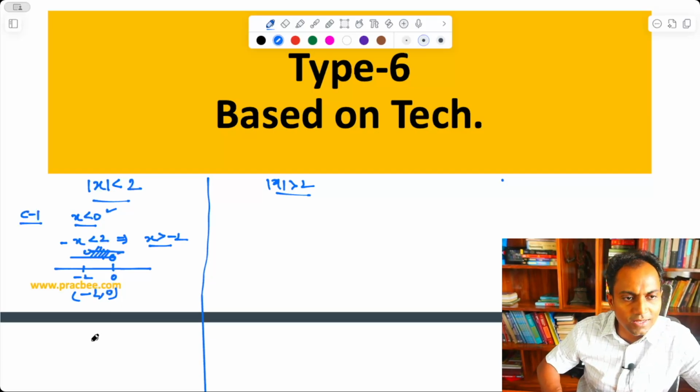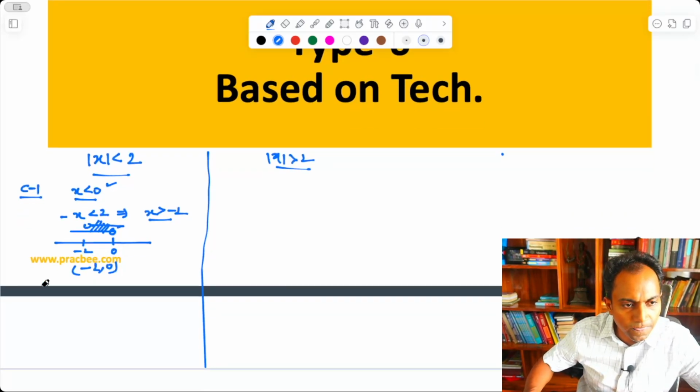If I consider another case, that is case 2. In my case 2, I will take the values of x greater than or equal to 0, and hence the modulus sign opens with a positive sign, and now again we will take the intersection of both of these conditions on the number line.